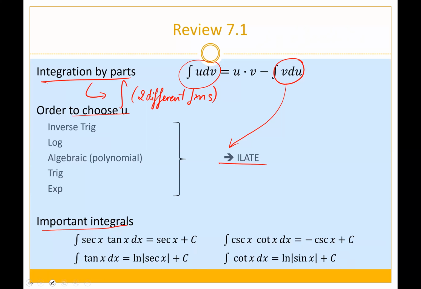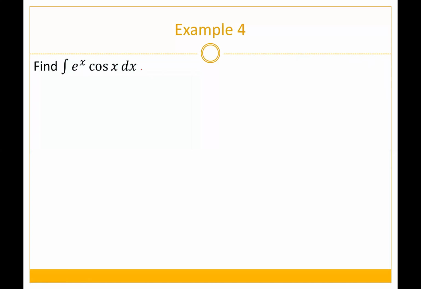So if we look at the order to choose u, we're going to choose u to be the trig function here. Let me call this one I. It's easier to control. So now we're going to put u as cosine x, du equals negative sine x dx, dv is e to the x dx, and v is e to the x.